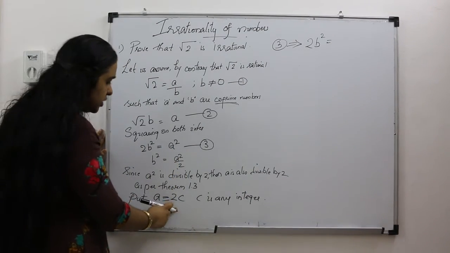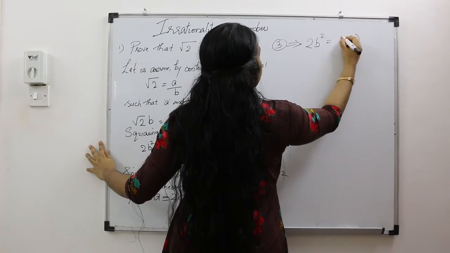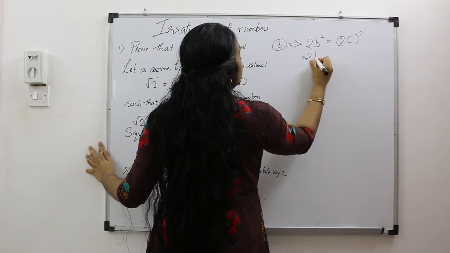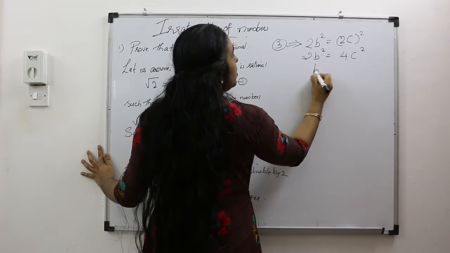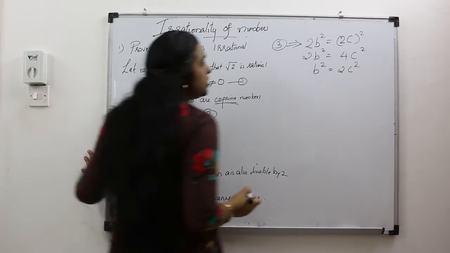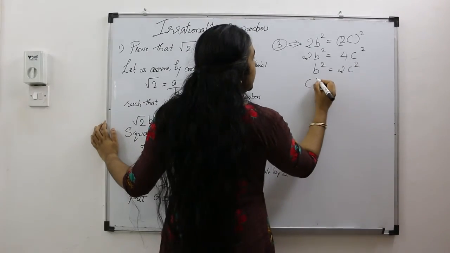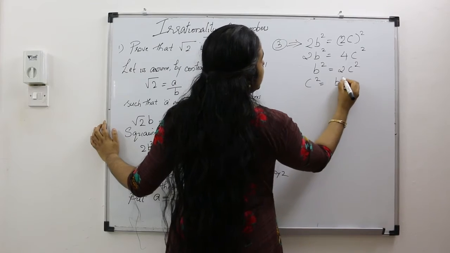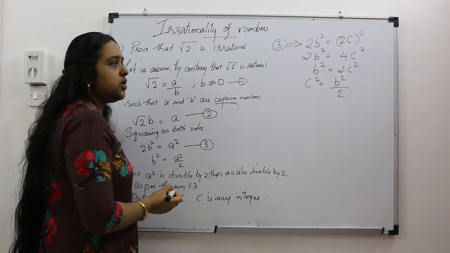Our a is 2c, then a square is 2c the whole square. That means 2b square equals 4c square, or b square equals 2c square. Or another way we can write c square equals b square by 2.